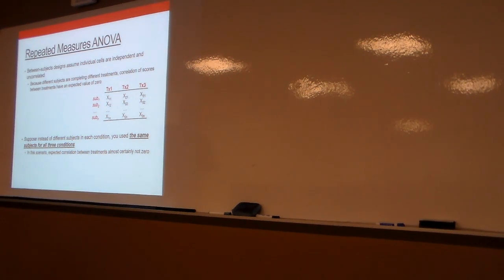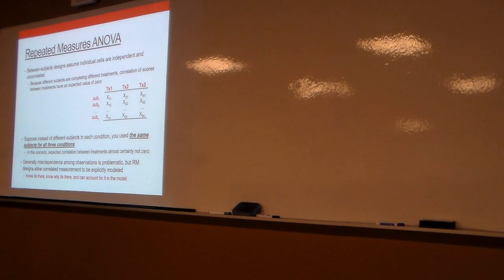We've got the same people for all 3 conditions. Now all of a sudden, correlation between scores is almost certainly not 0, right? Because I've got Layla participating in condition 1, condition 2, condition 3. If these scores are outcomes on some, say, measure of subjective emotion, sort of pleasant to unpleasant, I'm going to expect there to be some level of correlation across those scores, okay?